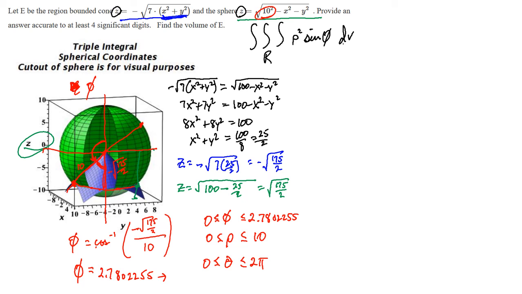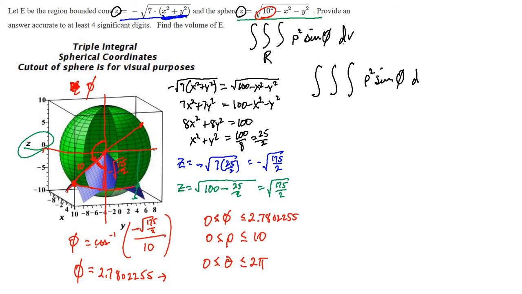So it doesn't really matter how we set up our integral as far as what order we put those in, because they're all constants. So on our triple integral, again, we've got the rho squared sine phi element, and here we can do any order we want.